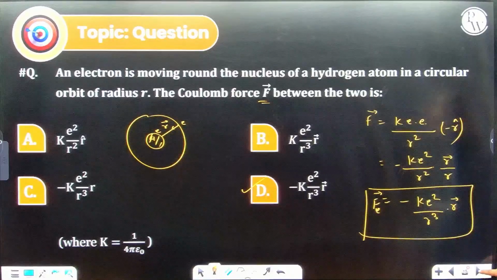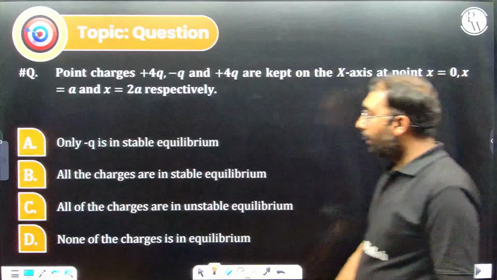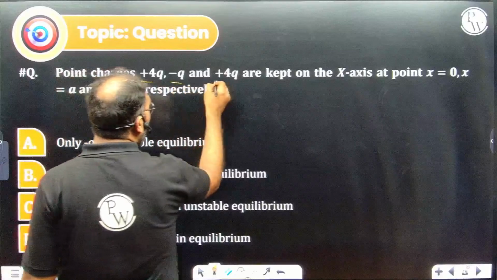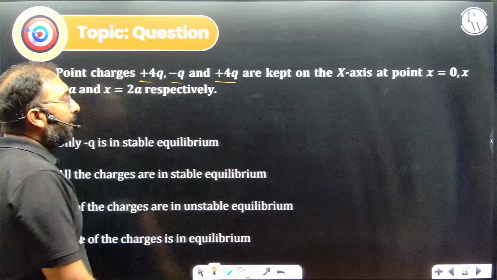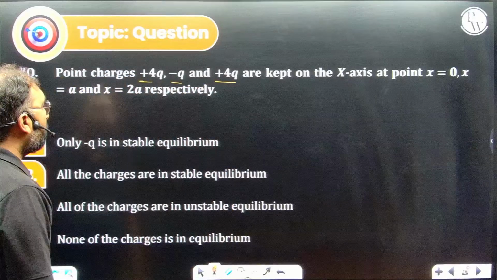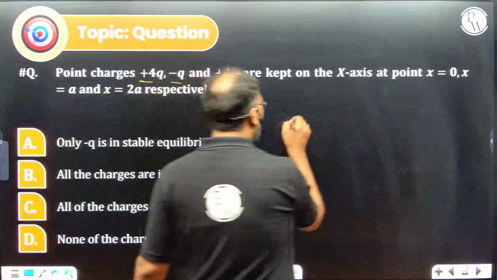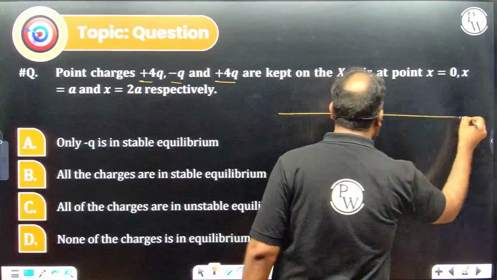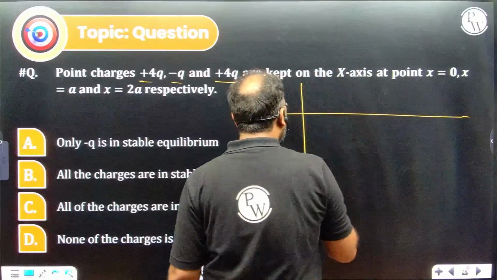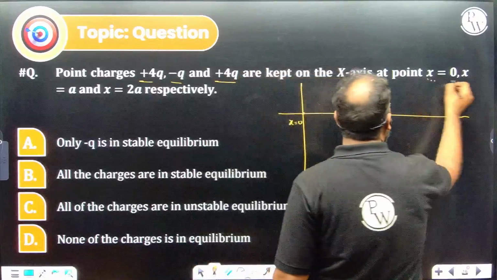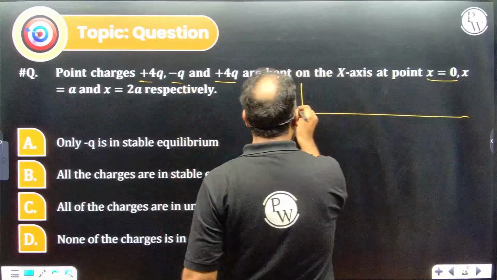Moving to the next question. It is given that the point charges 4q, minus q and plus 4q are kept on the x-axis at points x equals 0, x equals a and x equals 2a. So let's draw the axis first and let's see where the charges are placed. This is x equals 0, and on x equals 0 the charge placed is plus 4q.